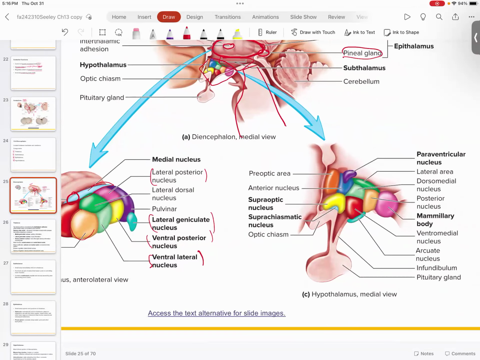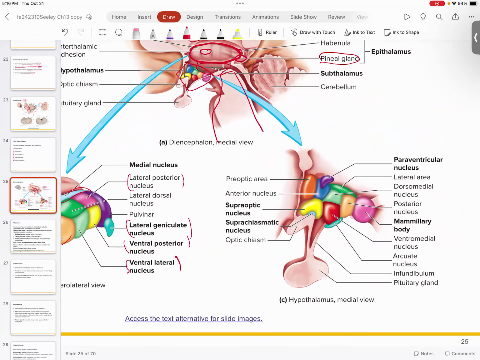Now, the hypothalamus has also a lot of nuclei. And so these are oftentimes named after both position and function. So when the anatomists were taking a look at these, they were largely looking at positional types of things. It's because, generally speaking, we were discovering structures and we could describe where they were, but we didn't really know what they did.